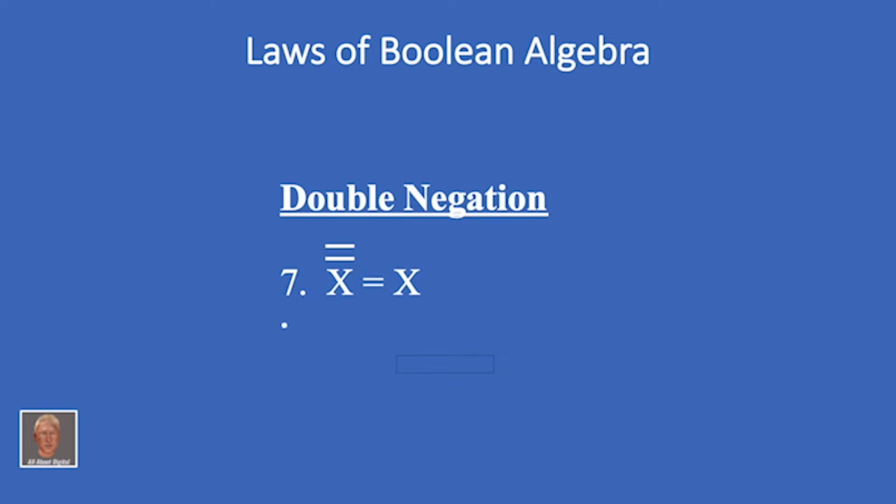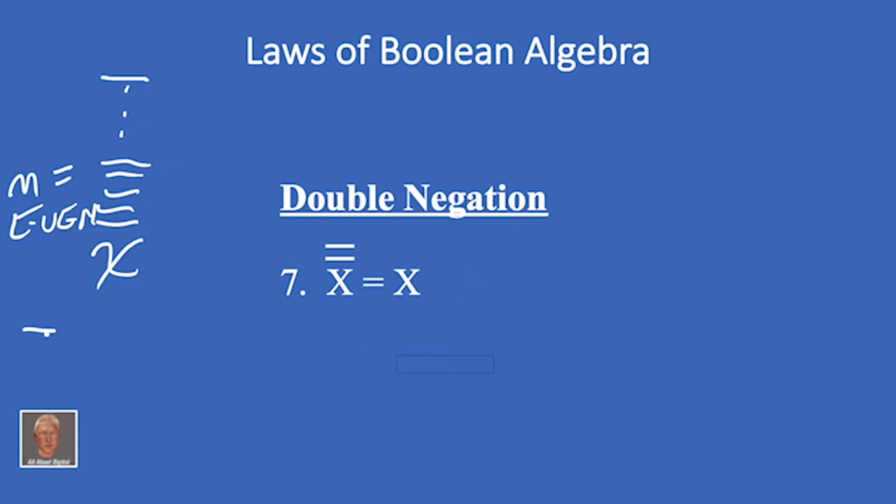Now, the final law we're going to talk about, number 7, is not true for normal algebra. This is a Boolean algebra unique function. And that says that anytime you have a variable and you complement it twice, it's just equal to that variable. And in fact, if you have a variable and you complement it n times, where n equals even, 2, 4, 6, 8, up to an even number, that's just still equal to x.